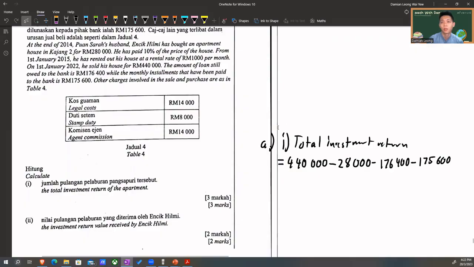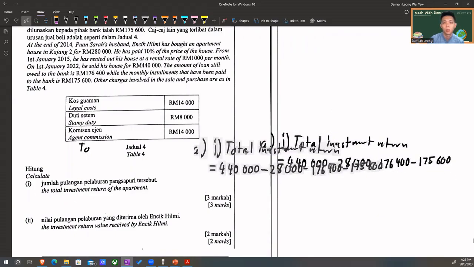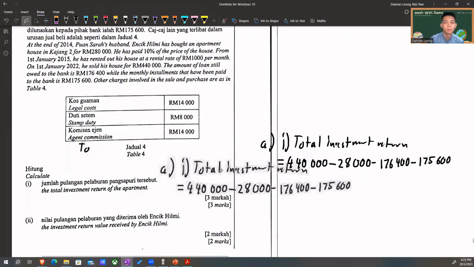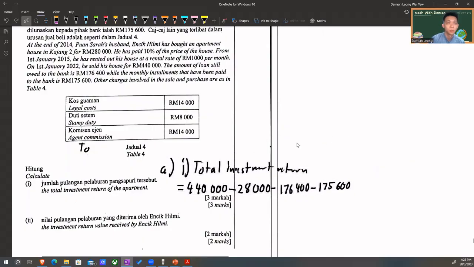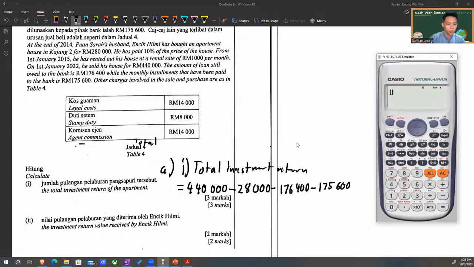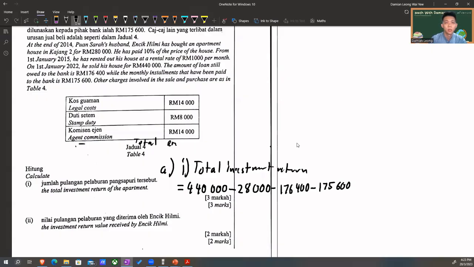I think I cannot fit here. Let's just count the total of this. These three added together: 14,000 plus 8,000 plus 14,000, 36,000. So I minus that 36,000.